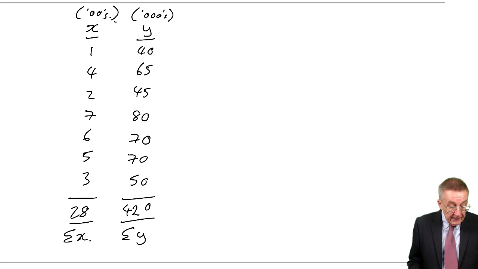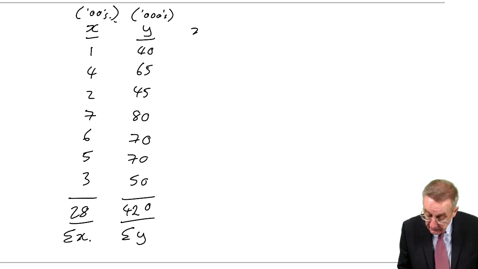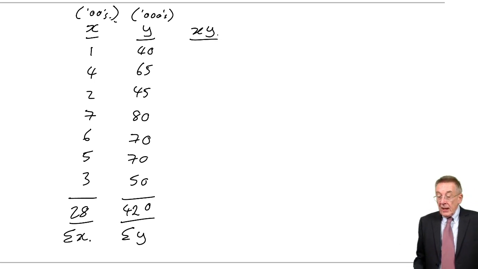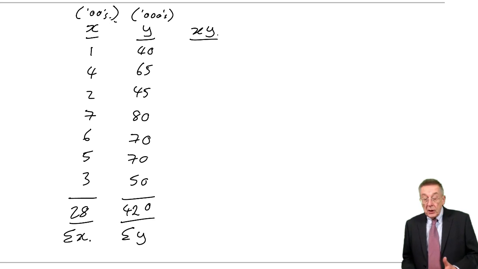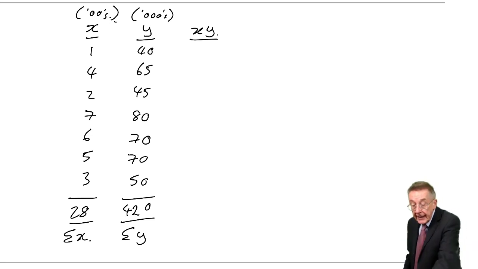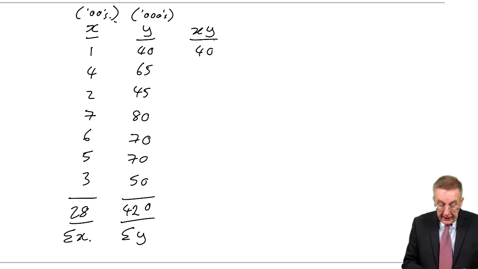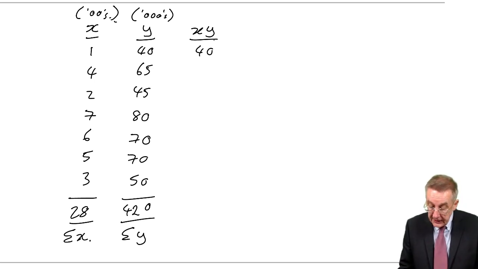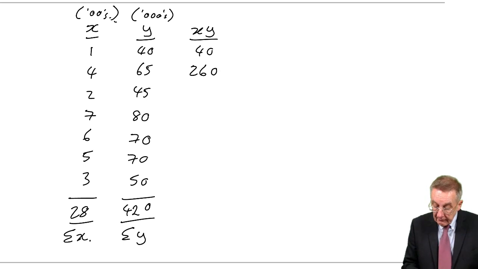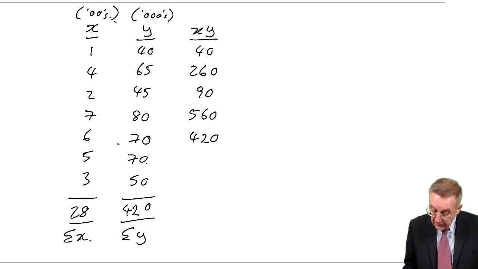What else do we need? Look back at the formula. We need sigma xy. Well, that's the total of, in each case, x times y. So the first one times 40 is 40. The next one, 4 times 65 is 260. 2 times 45 is 90. 7 times 80 is 560. 420. 350. 150.